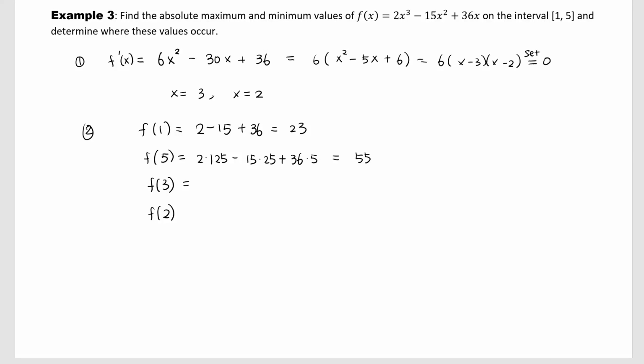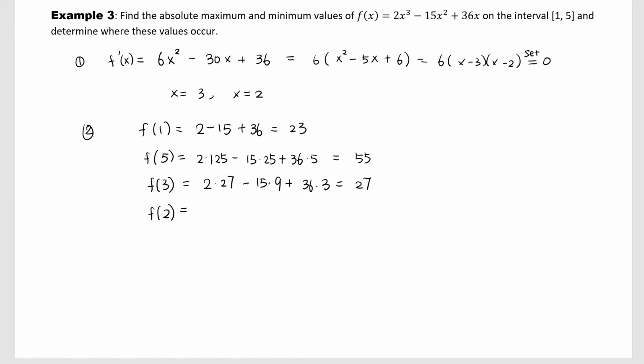F of 3, what is f of 3? We have 2 times 3 cubed, which is 27. 3 squared is 9. Then 36 times 3. You can also plug this in your calculator and you will get 27.